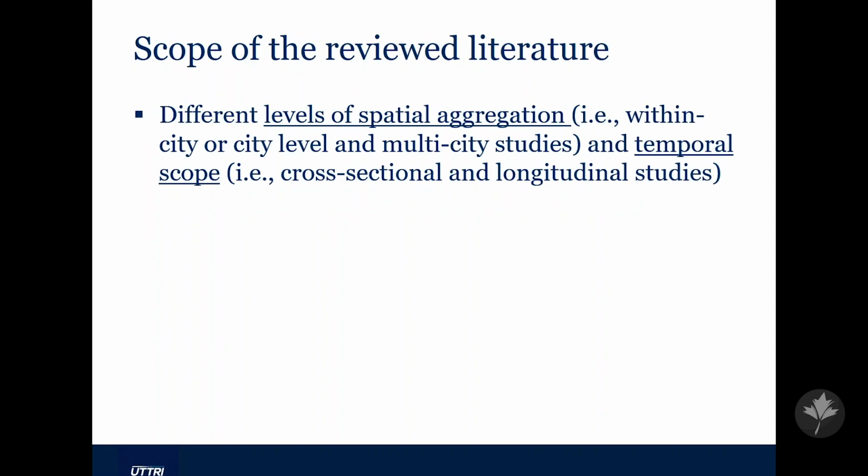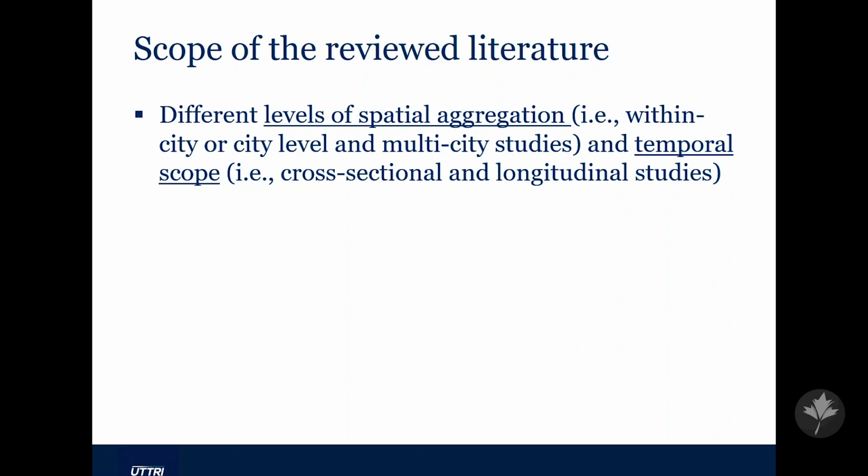So the scope of the review of this literature actually spanned different levels of spatial aggregation. There were studies that looked at only trends within a single city, whereas some other studies looked at trends across multiple cities. Some studies looked at only cross-sectional variations.